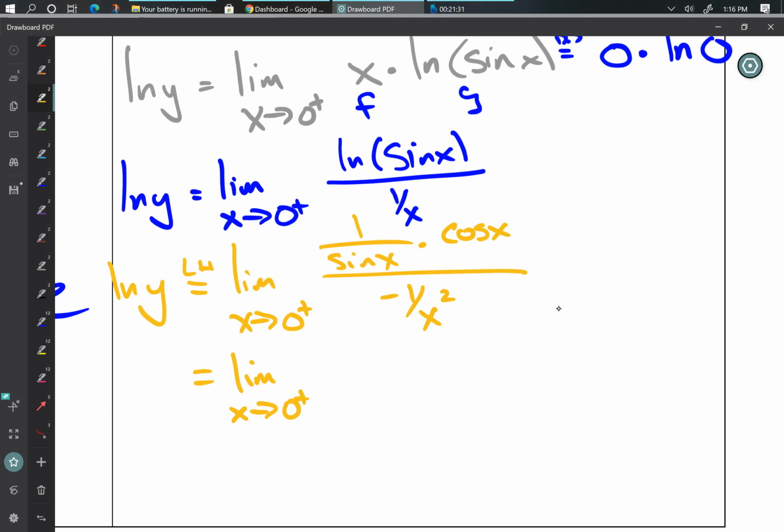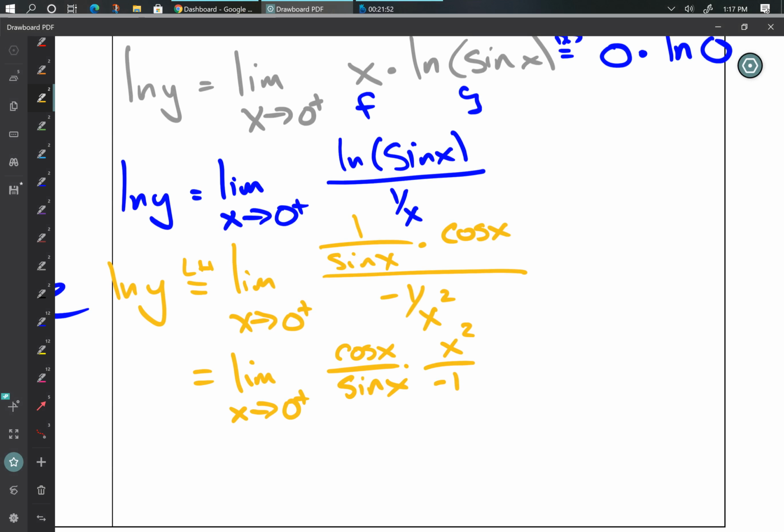Dividing by a fraction means flip and multiply. So let's see what happens if we do that. This is cosine over sine times x squared over negative 1.